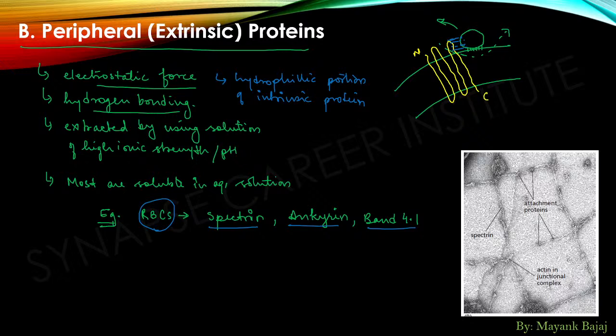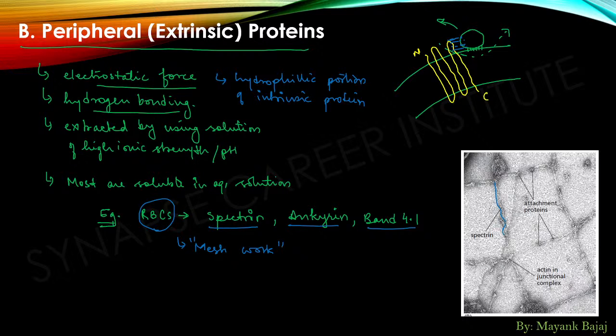Okay, so what are the functions of spectrin, ankyrin and band 4.1? They are majorly involved in meshwork. All three proteins form a meshwork kind of structure. You can see this meshwork in the figure here.